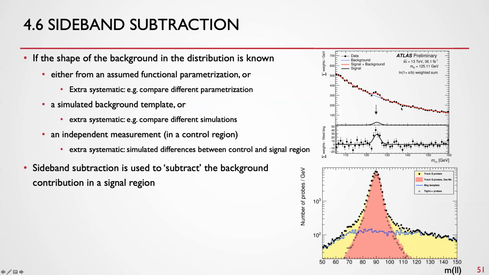Another interesting procedure that's used in Z and Higgs analyses is the sideband subtraction. If the shape of the background is known, then it can be subtracted. Here is an example of a Higgs boson decaying to two photons.